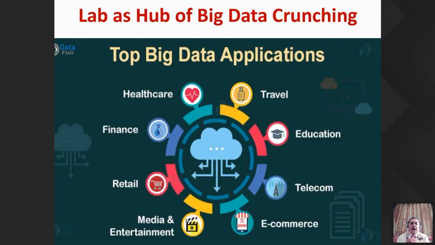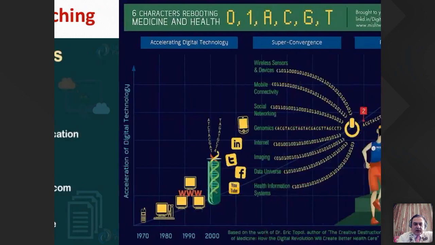The lab is a hub of big data crunching. So many things, this data that you will be accumulating over the years, can be translated into knowledge and translated into applications and so many things in ICT or Internet of Things, IoT, or blockchain, and all that is going to happen, and it is happening simultaneously while we are talking.